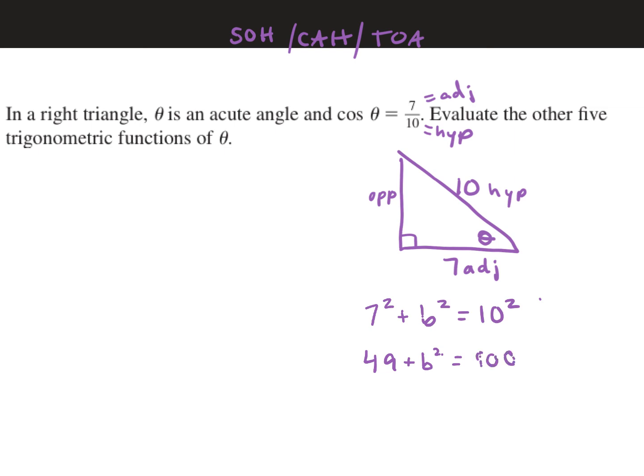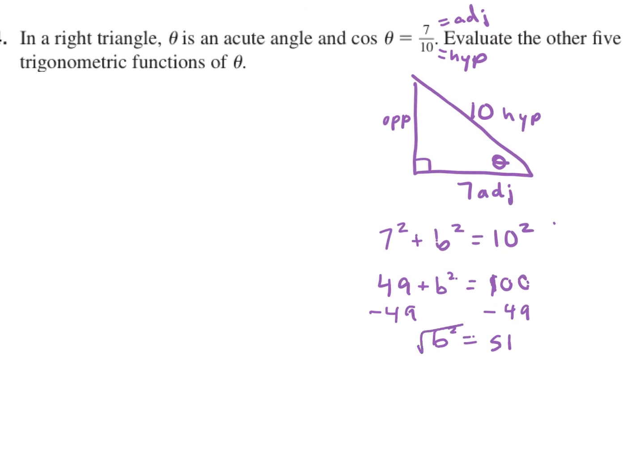How do we solve for b? Subtract 49 on both sides. So b squared is equal to 51. Take the square root of both sides. So b is equal to the square root of 51.